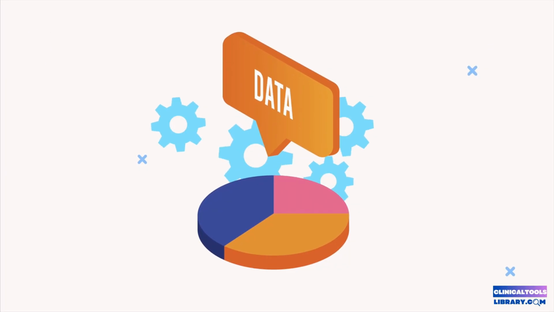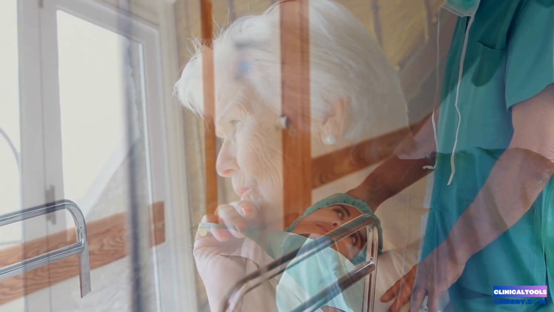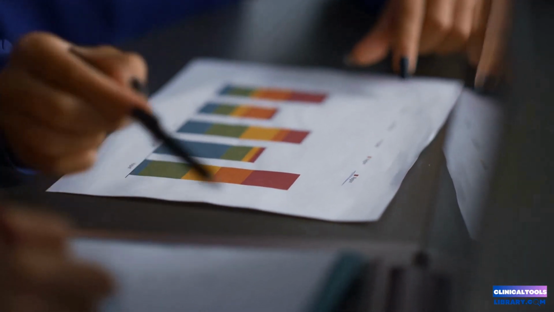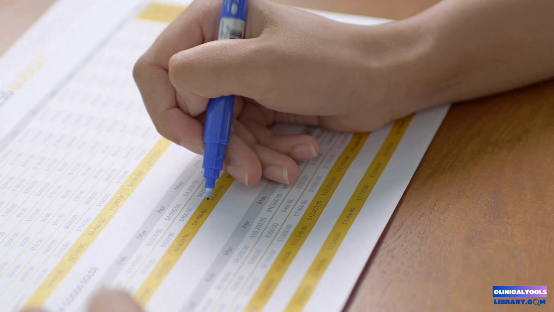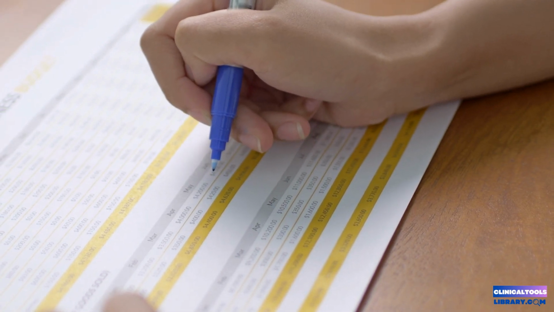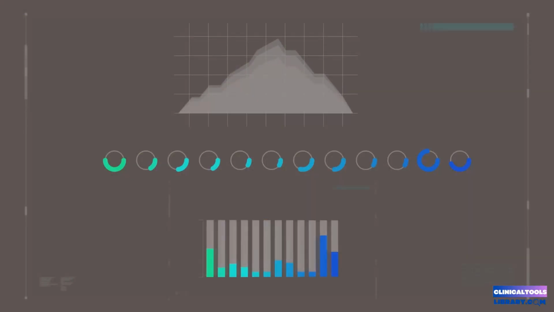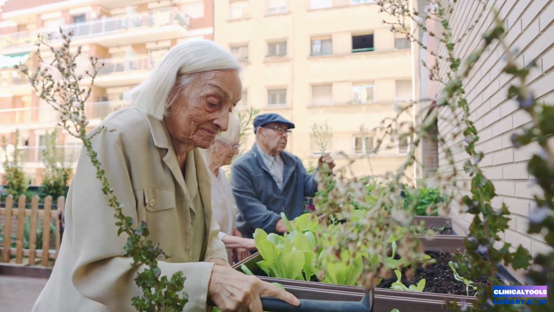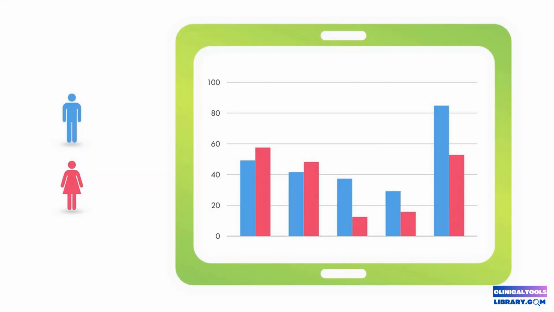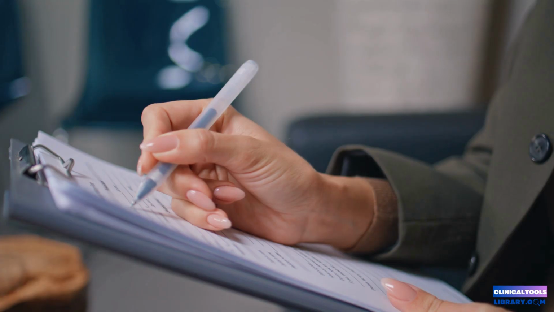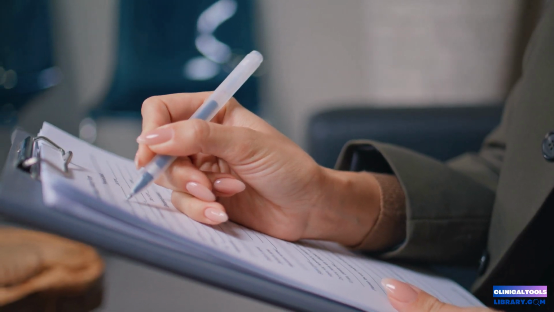The Clinical Frailty Scale demonstrates a sensitivity ranging from 75 to 90% and a specificity between 65 and 85% across various studies. Sensitivity refers to the tool's ability to correctly identify patients who are truly frail, minimizing false negatives. Specificity indicates the capacity to correctly classify non-frail individuals, reducing false positives.